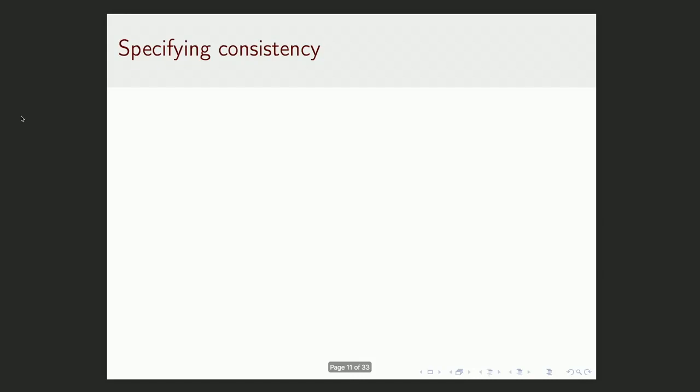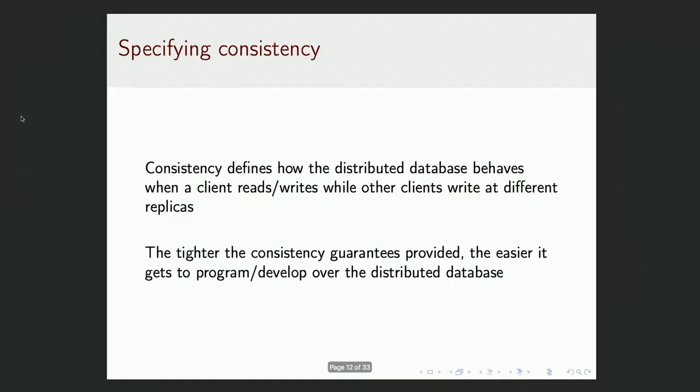So before I talk about the single client specification and multiple client specification, the guarantees provided to the clients, I first want to take some time to talk about what is consistency in the context of distributed databases.